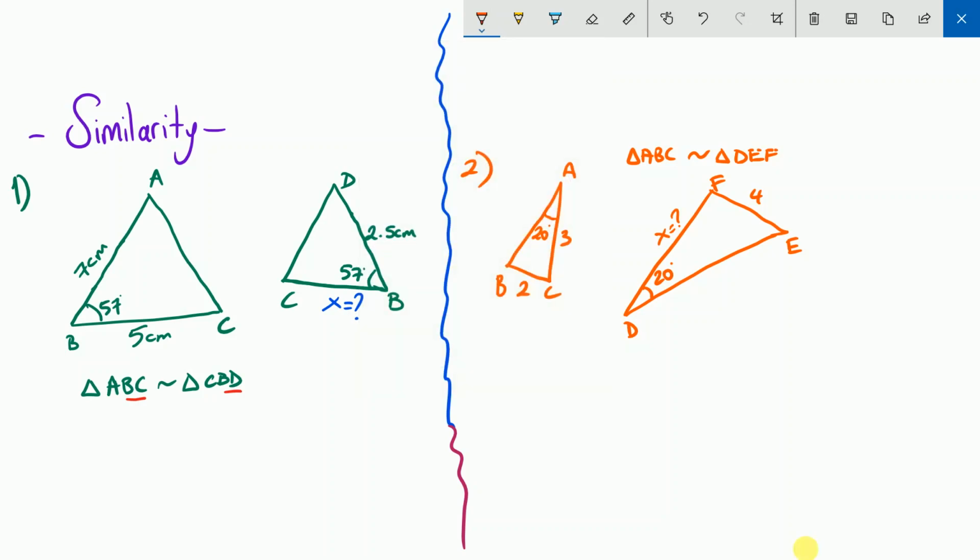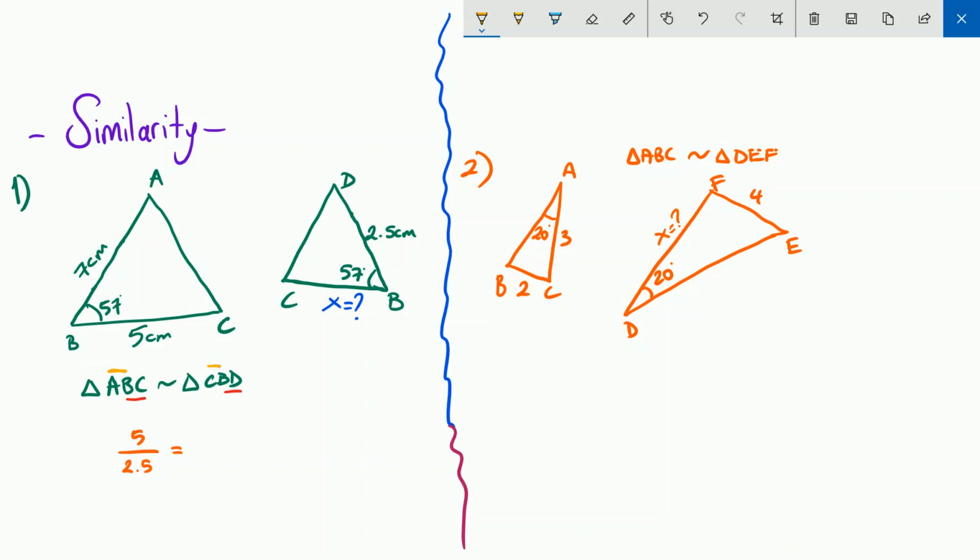The side BC is 5 centimeters. I don't need to write the unit. So the side BD is 2.5 centimeters, equals. Look at AB, which is similar to the side CB.